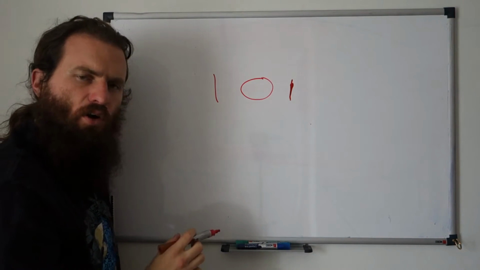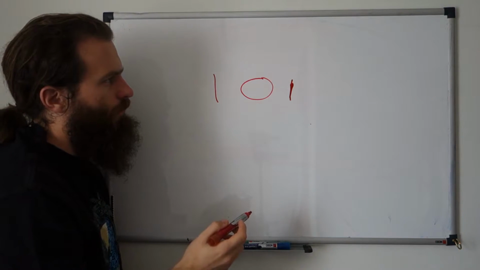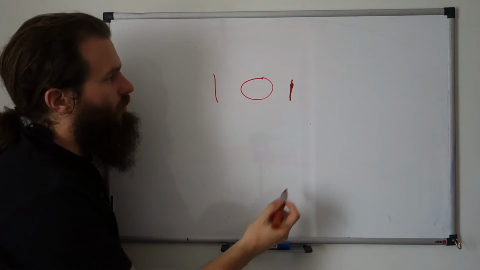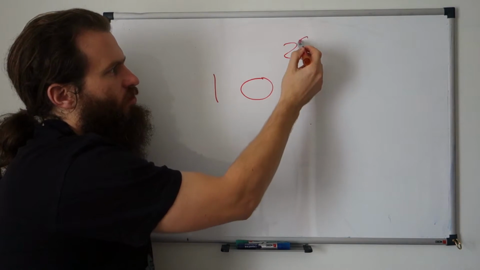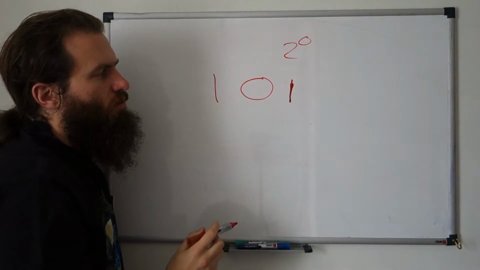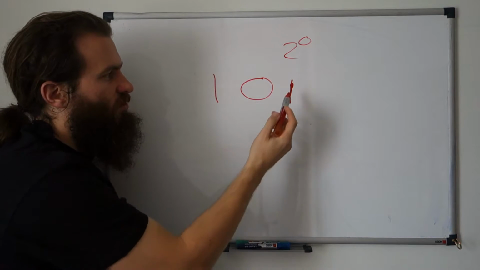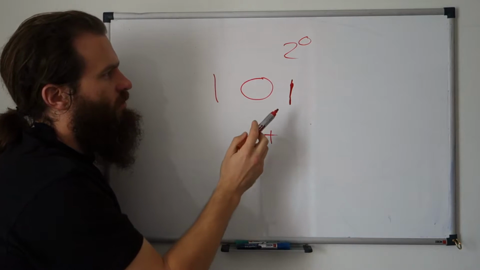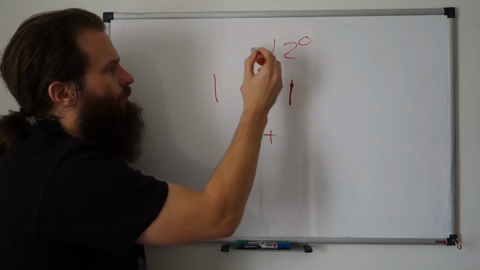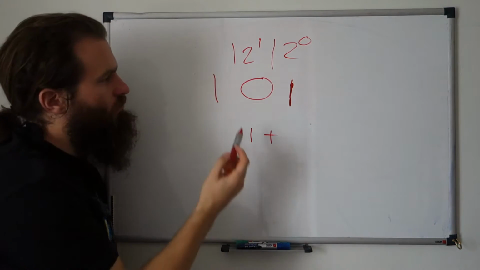what does this number correspond to? The number 101 in binary. Well, let's break it down. The rightmost digit is multiplied by 2 to the power 0. 2 to the power 0 is 1. So this is just 1, okay? So we've got 1 plus, then the next digit, we multiply by 2 to the power 1, which is just 2.